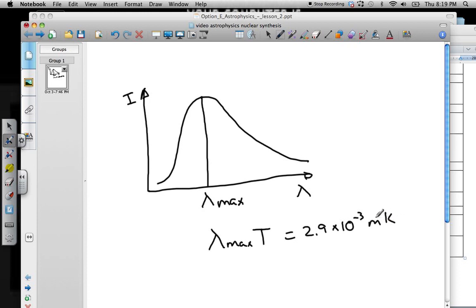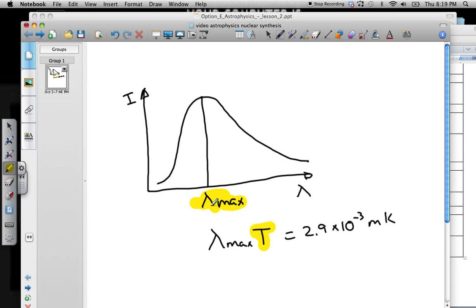So this was really interesting, because we can actually do the same thing with stars. We can look at the energy that we're getting from stars, and by looking at the lambda max, by looking at this value over here, from that we can actually work out the temperature of the star.